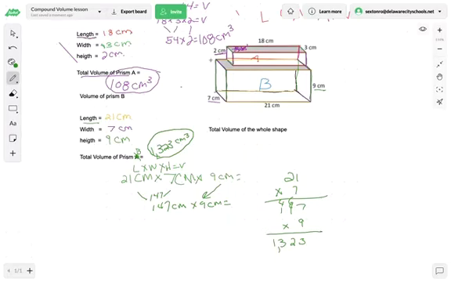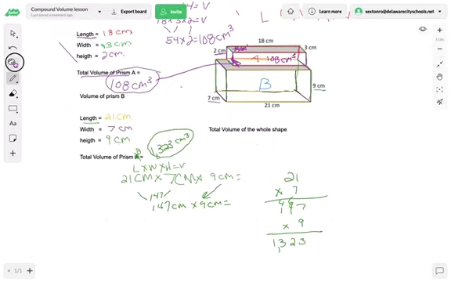Now what I've done here is I've figured out that this one, volume, prism A, is 108 centimeters cubed.